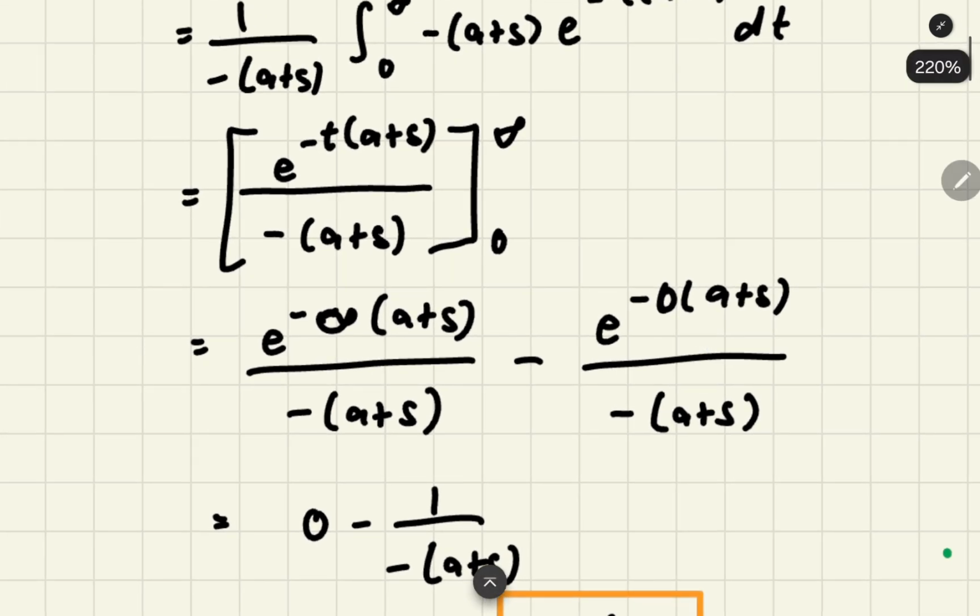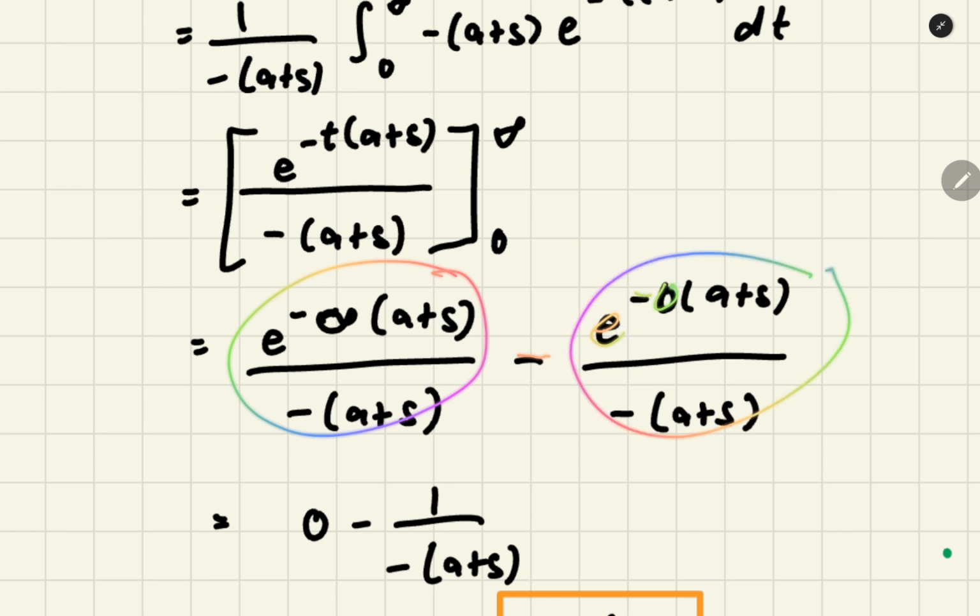Upper limit minus lower limit again. We just have to substitute the upper limit to the variable t. So we have e raised to negative infinity, and so on, minus e raised to negative 0, and so on. Since it's raised to infinity again, it will be 0.